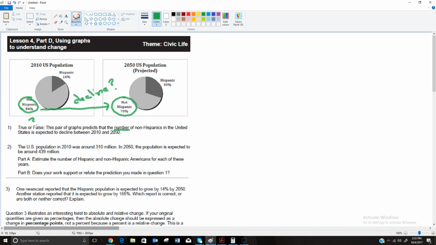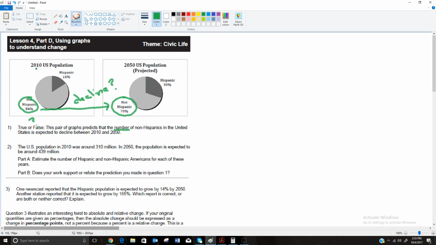So just because the percentage of non-Hispanics in the population is expected to decline does not necessarily mean that there's going to be actually fewer non-Hispanics. If you think of it reasonably, there's probably going to be more Hispanic population and more non-Hispanic population.